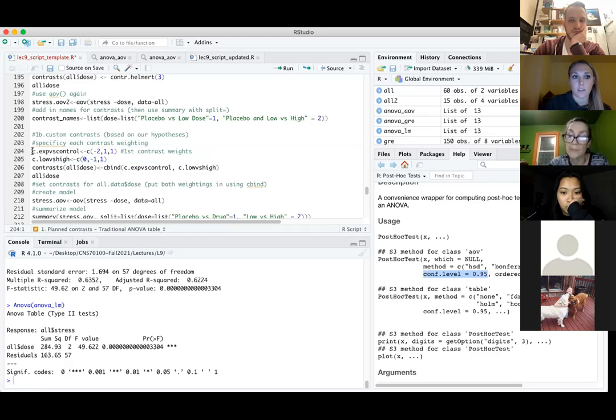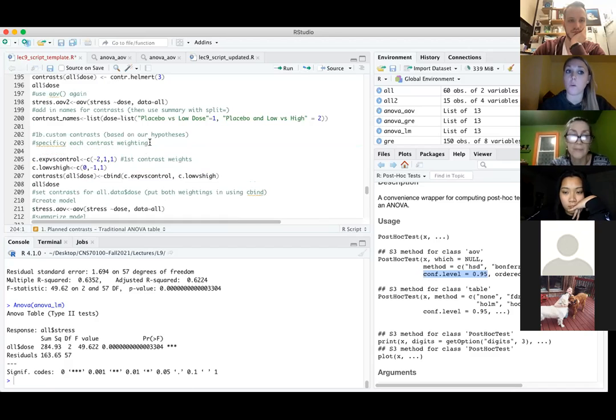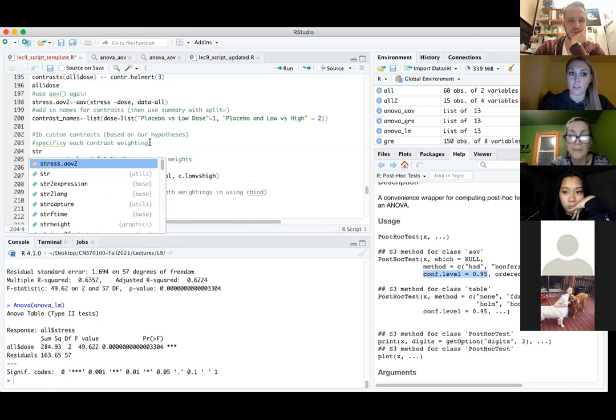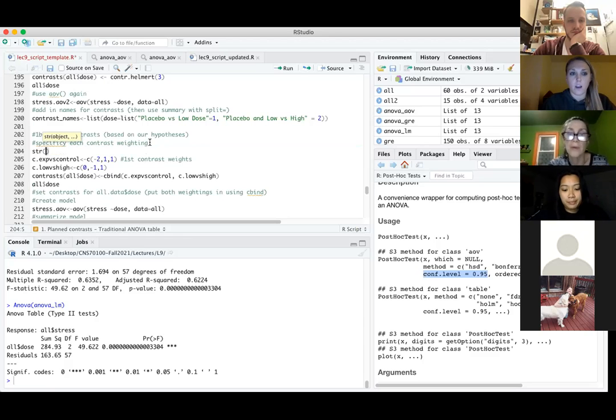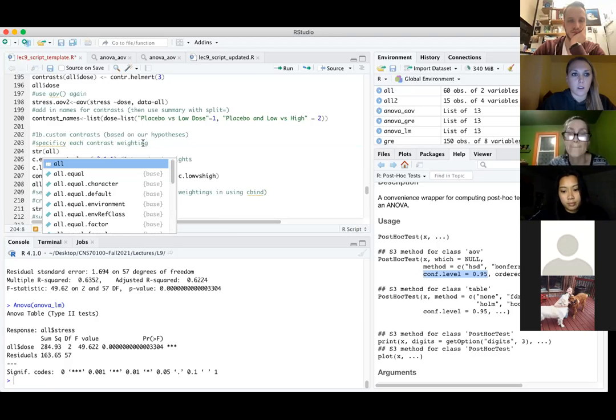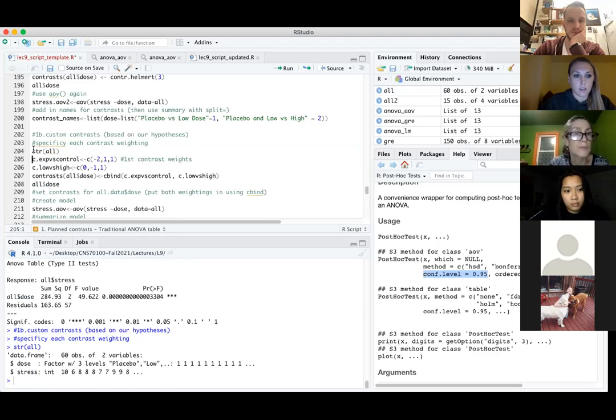So the very first thing that we're going to do is just create this vector called C experimental versus control of the contrast weights. So we have to remember, you always want to remember what order your factor is in. So the very first thing I'm going to do is str, for structure. Remember, this is if you want to look at the structure of your data frame. And I can see down here, dose, factor with 3 levels, placebo, low.